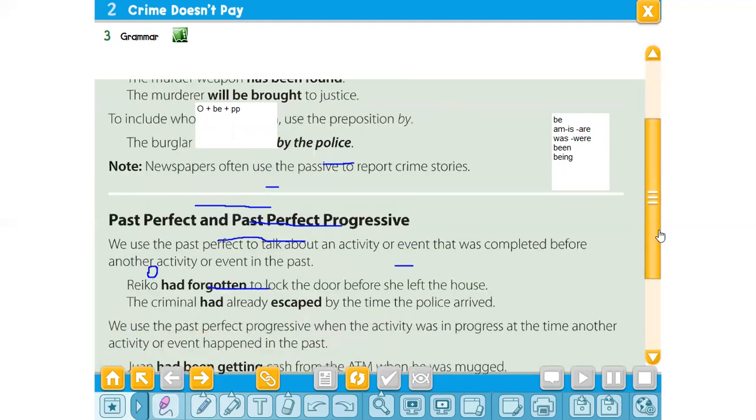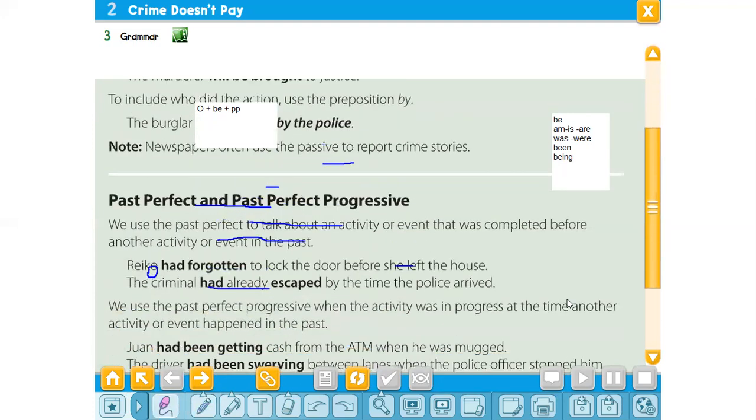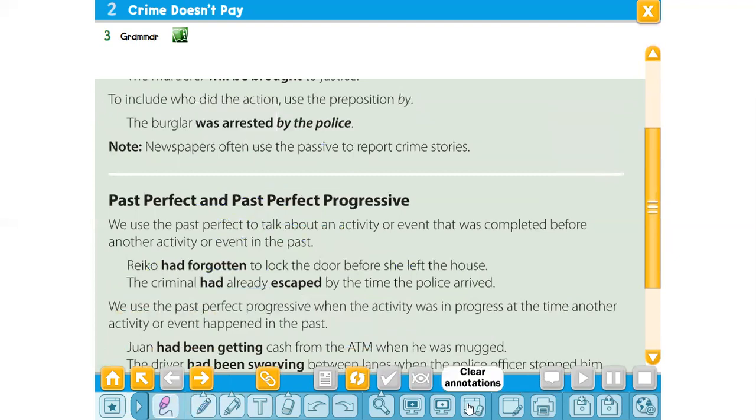Okay. Now, we will explain the difference between past perfect and past perfect progressive. We use the past perfect to talk about an activity or event that was completed before another activity or event in the past. What does it mean?